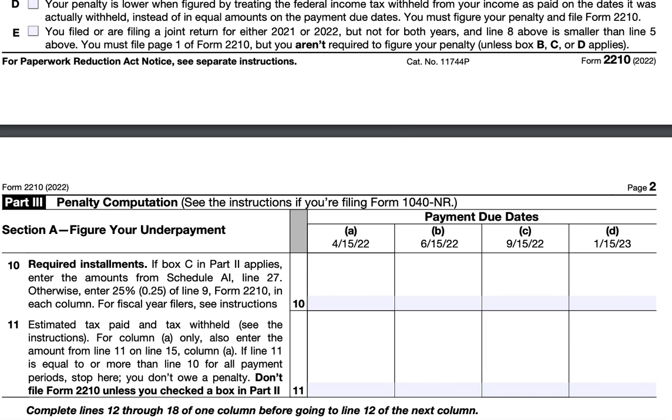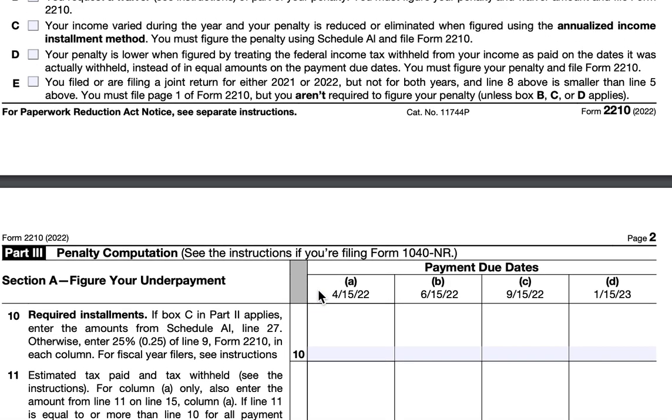Part 3 has 2 sections. There's section 1 where you figure your underpayment. For most taxpayers, this should look like a quarter of the amount here, a quarter of the amount here for line 10, which are the required installments, a quarter of the amount here, a quarter of the amount here.